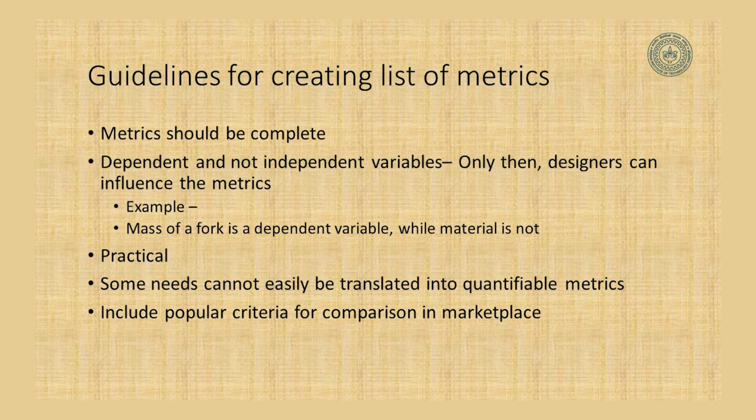If you change the shape, will the material change? No, you choose the material, okay. So, material cannot be a metric, whereas the mass can be a metric which can have a value like 500 grams, 400 grams. This mass is dependent on your design, so the metric must be a dependent variable.